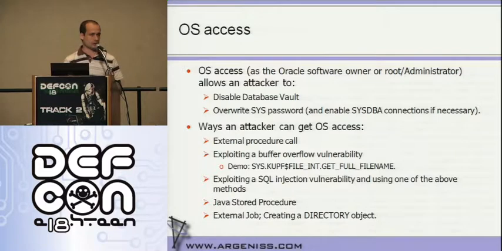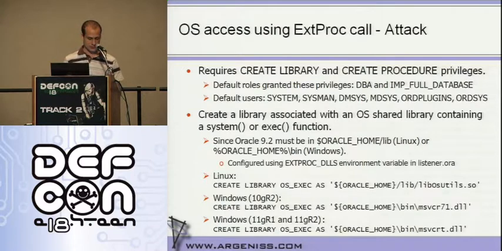In addition, if we don't have the required privileges to perform this kind of attack, we can use SQL injection vulnerabilities and use one of these attacks. Well, let's see now the first example with a demonstration, the method using an external procedure call.